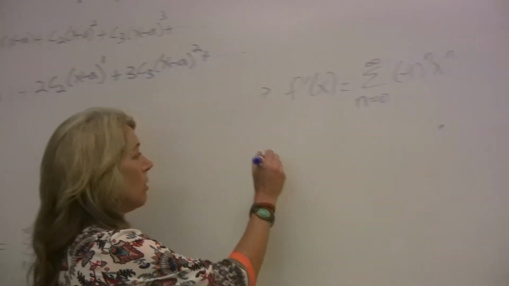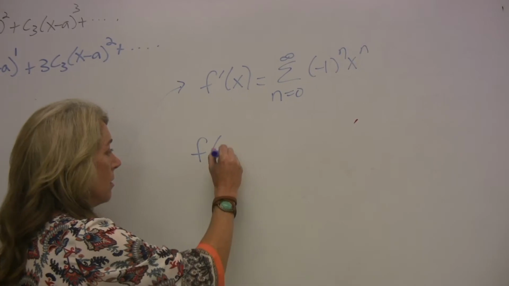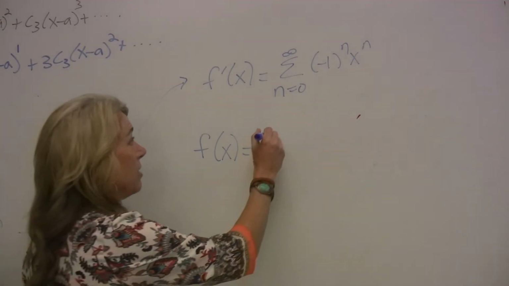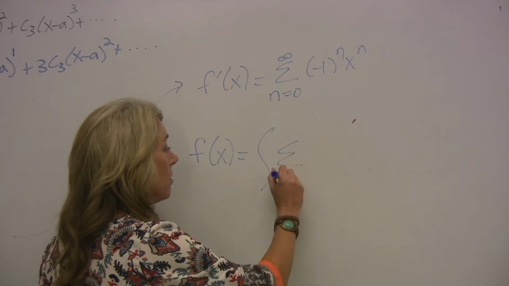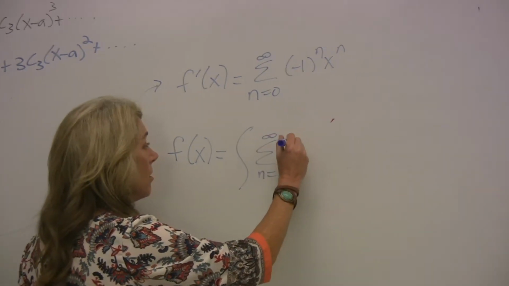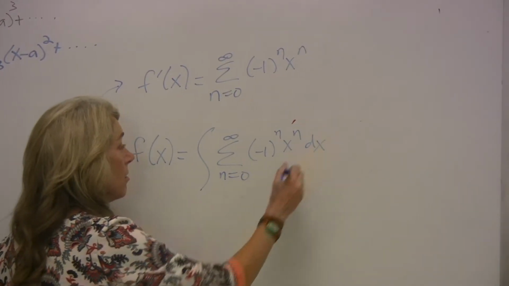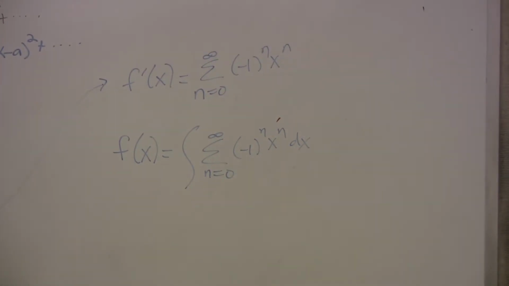So if I want to go to f of x, because this is the derivative, to get back to my original function, I need to integrate this. Lots of variables, but remember x is our only variable.